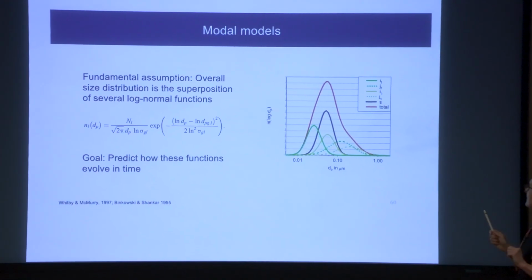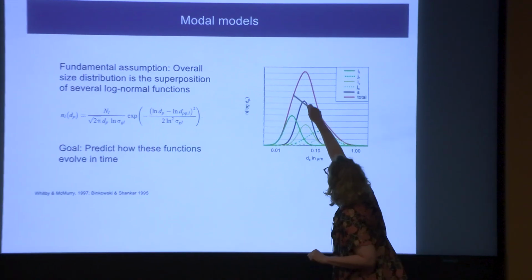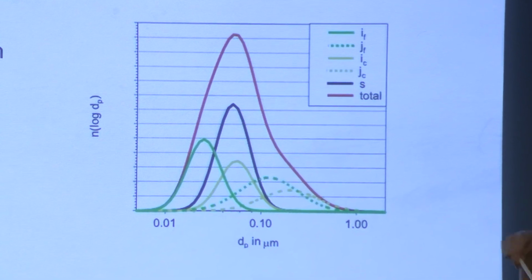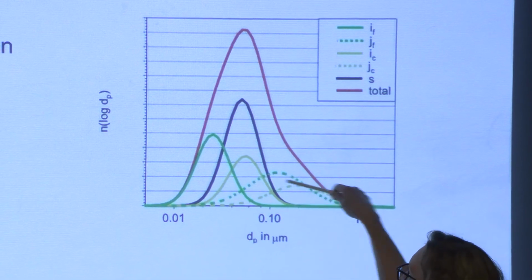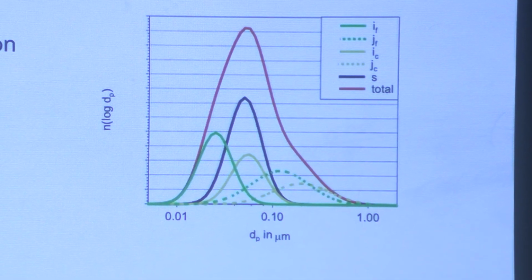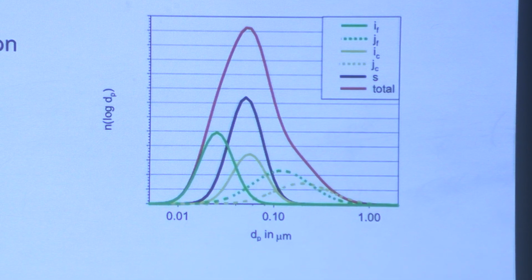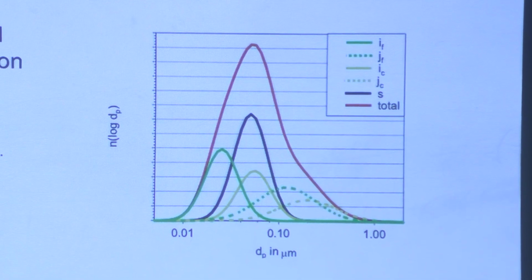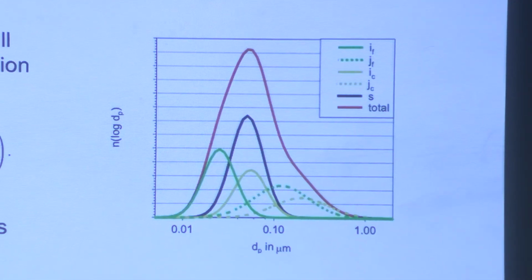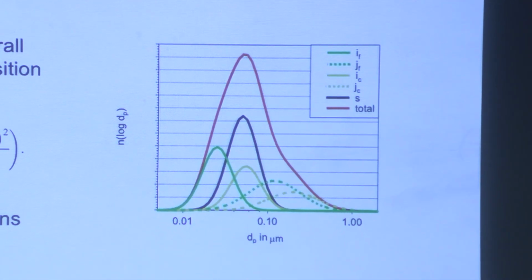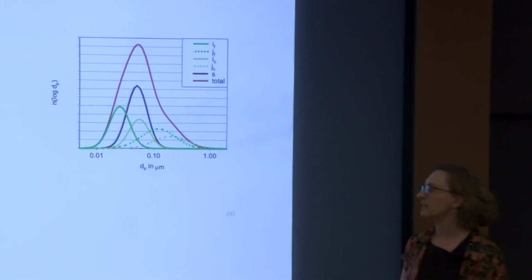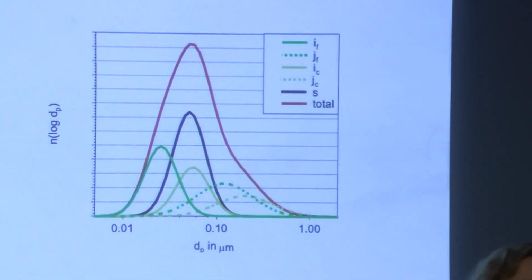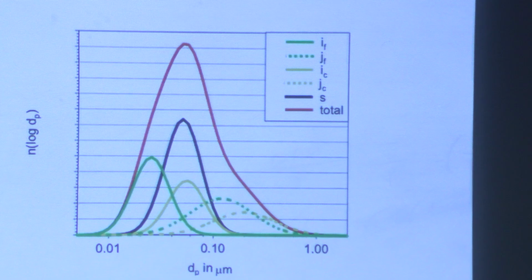So the task is, we say the total aerosol distribution with our different modes can be represented by several log normal functions. There's a lot of choice here in how many log normal functions one uses. It's typically motivated by the aerosol types that you want to represent, right? So you might have a mode for your freshly emitted soot from the combustion engine.